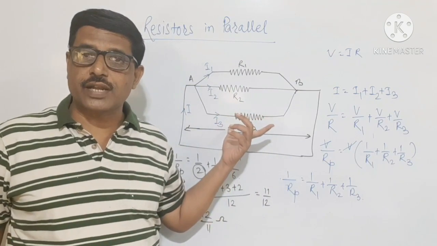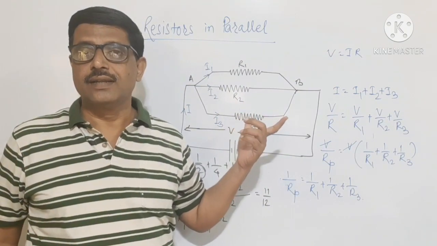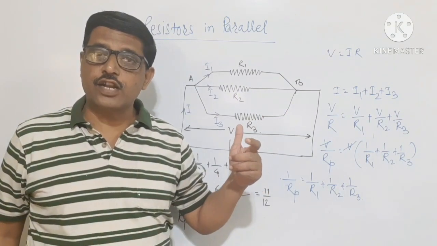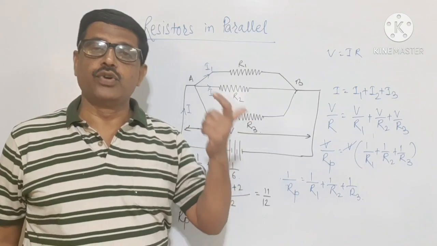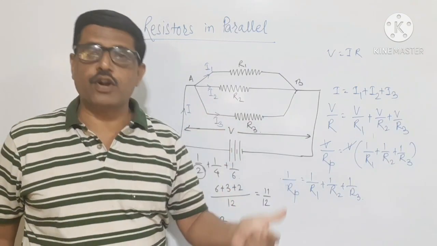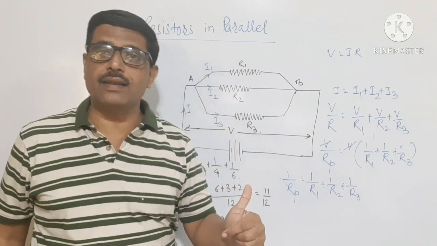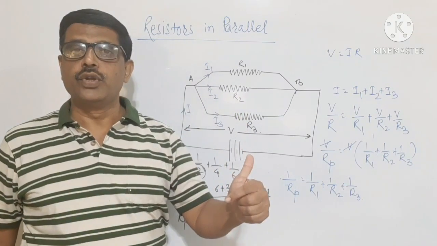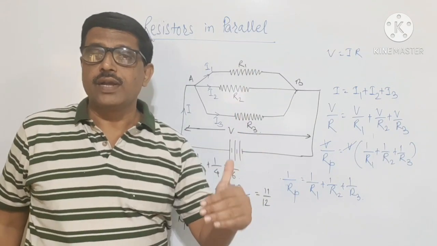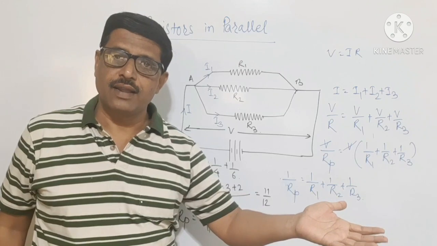The resistances are connected across the same two points, and the reciprocal of equivalent resistance is equal to the sum of the reciprocals of each resistance connected in parallel. This combination is used to reduce the value of resistance in the circuit in order to increase the current.